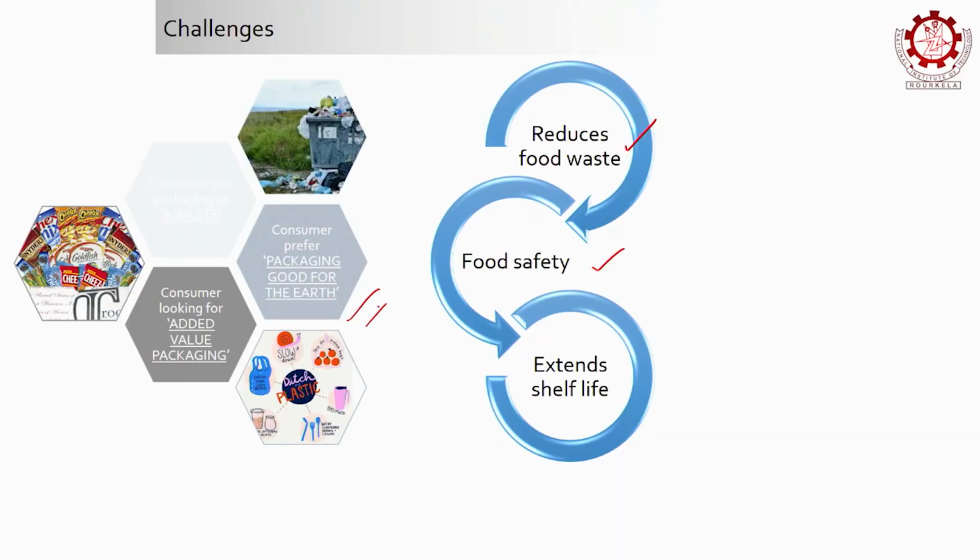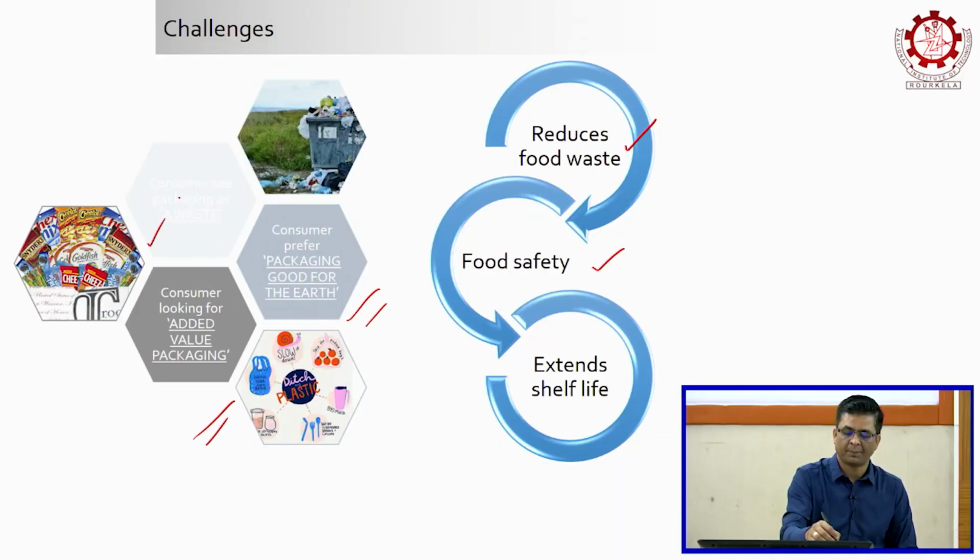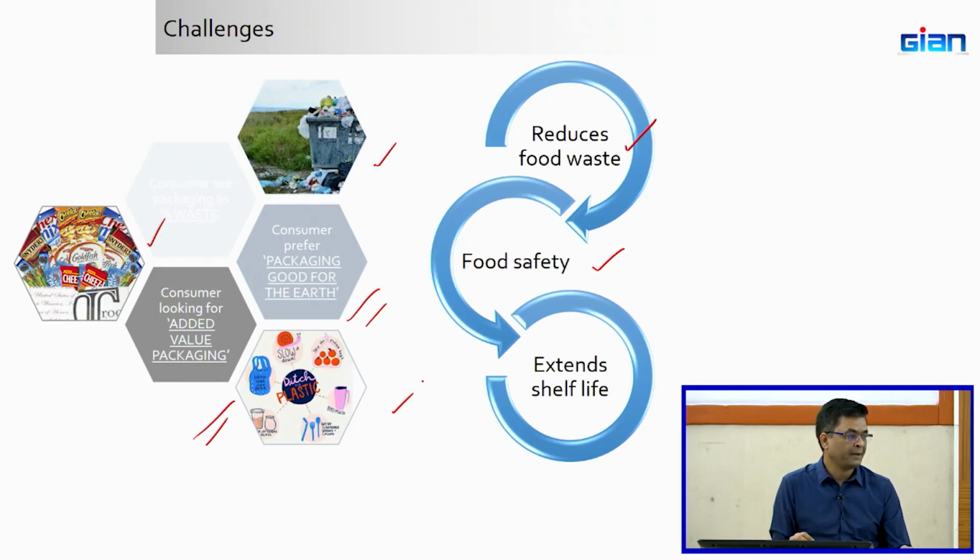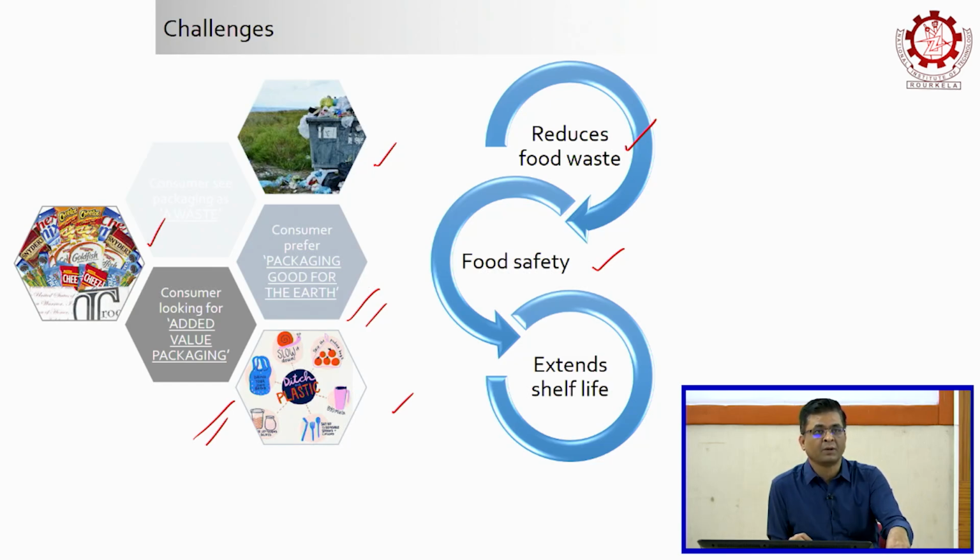So for all those packaging materials, whether paper or those replacing plastic, the most important application is how we solve food safety issues, reduce food waste, employ different technology, improve shelf life, and also replace the packaging.